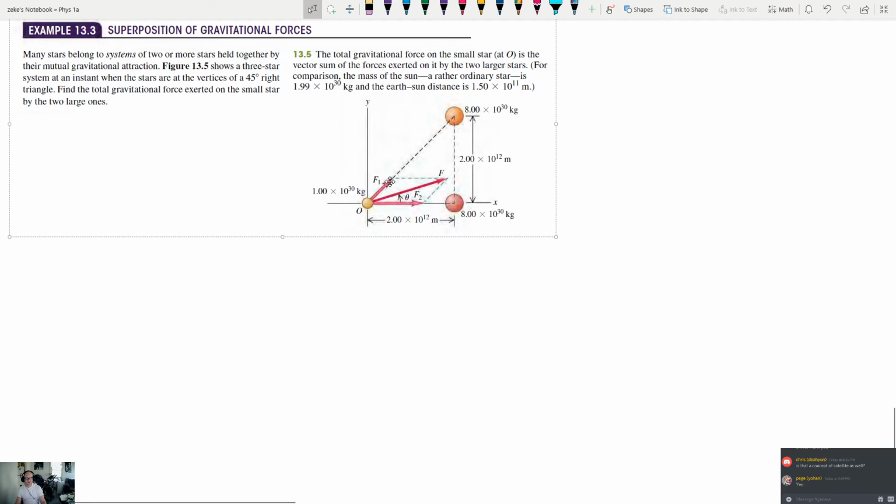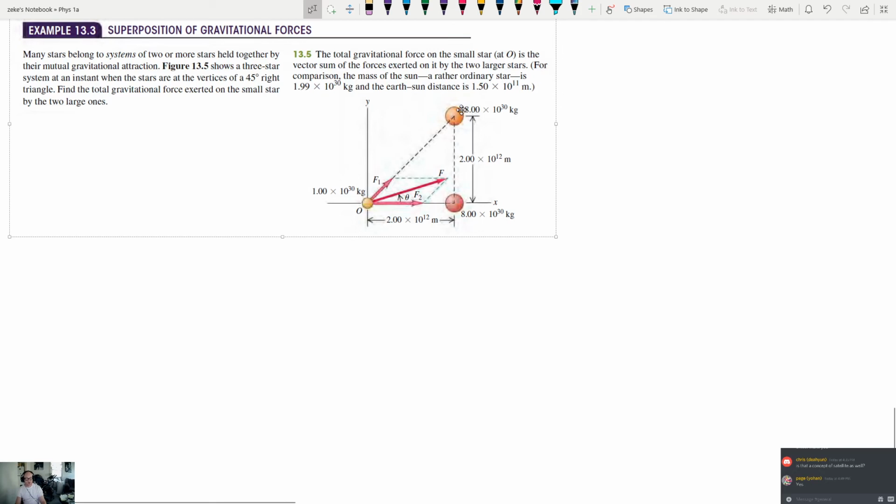Now, the gravitational force is attractive, which means that the force on the little star from the big star up here is going to point in the direction F1. And the force on the little star, due to the star right here, is going to point to the right, F2. And the first question that I would ask is, which of these two forces is going to be bigger and why?